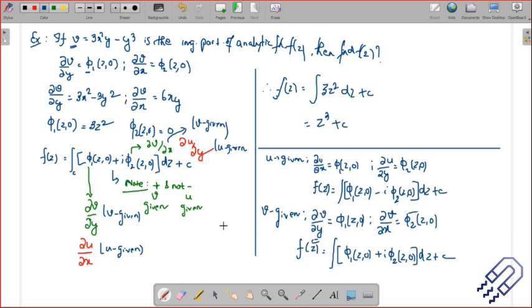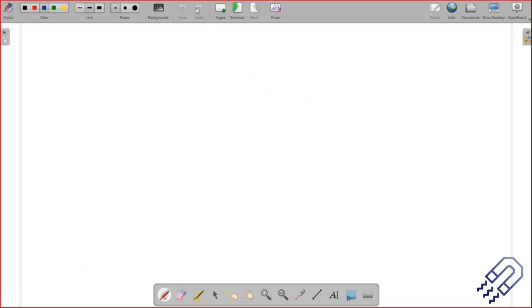Let's go to a new kind of problem, where we actually can find out the entire analytic function if you are given a value. Now I'll give you this example, and straight away your instinct will say a different approach, but that's not the correct approach.